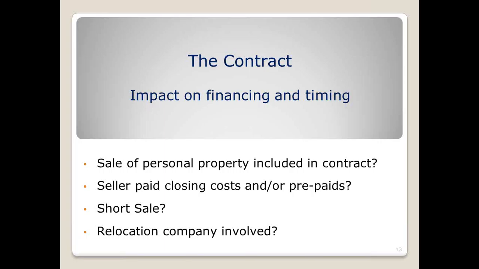And just to give you a quick example specifically, if there's a purchase contract and it says it's including a pool table, then we have to estimate and identify a value for that pool table. Let's say the pool table is valued at $2,000. That $2,000 is subtracted from the purchase price, or the appraisal value if it happens to be less, and then the loan to value is recalculated.